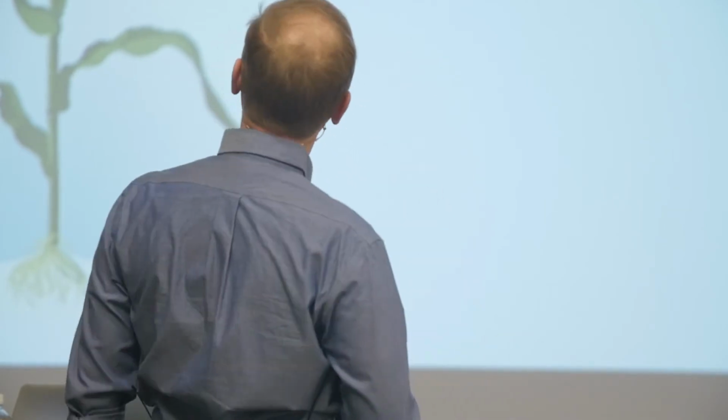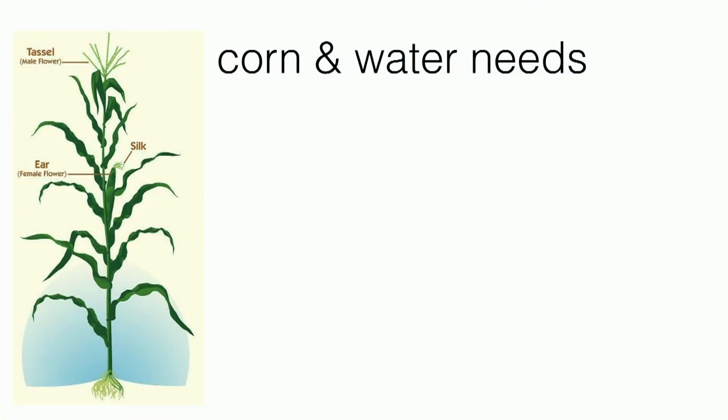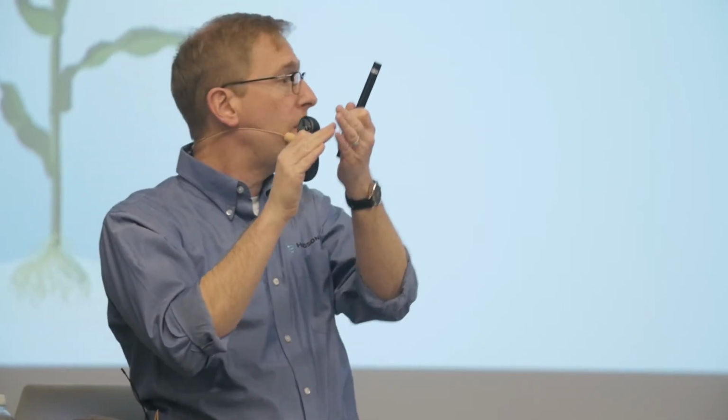A little corn anatomy. Corn actually has two flowers, the male flower and the female flower. The male flower are the tassels that are on top. They produce the pollen. The female part comes in the ear and it produces silks. And the silks essentially connect to each of the future kernels on the cob.